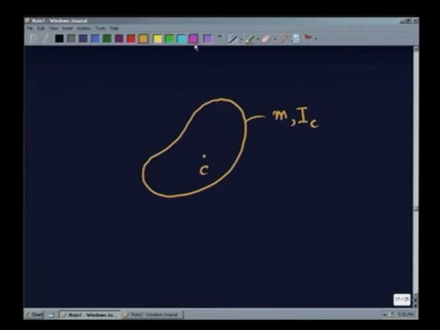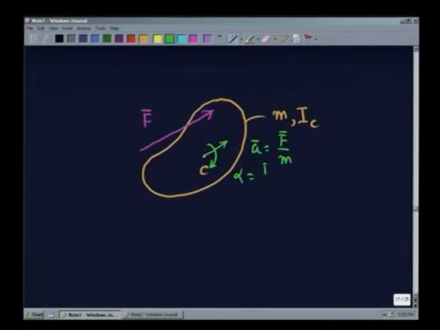Now, if the resultant effect of all the externally applied forces and moments is represented by a force F, I have already shown that this will produce an acceleration of the center of mass which is a, given by F by m, and it will also produce an angular acceleration alpha which is given by F into e by I c, where e is the perpendicular distance of the force, or eccentricity of the force.